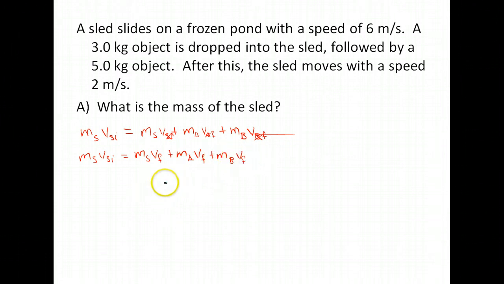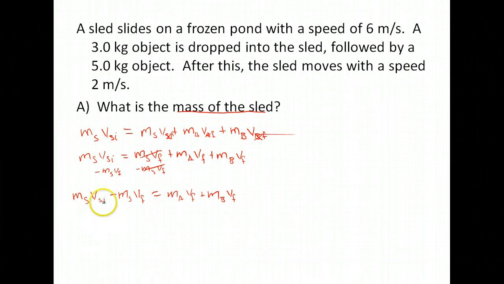All right, now, since we're looking at the mass of the sled, let's try and get the mass of the sled on one side. So I'm going to subtract it out over here and put it over on this side. So the mass of the sled times its initial velocity minus the mass of the sled times its final velocity, and that's going to be equal to the mass of object A times the final velocity plus the mass of object B times the final velocity.